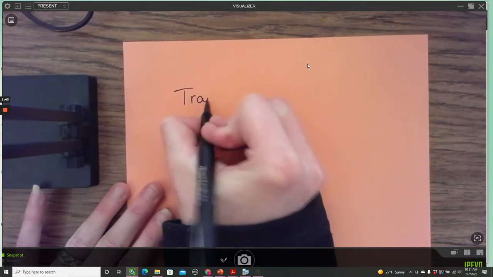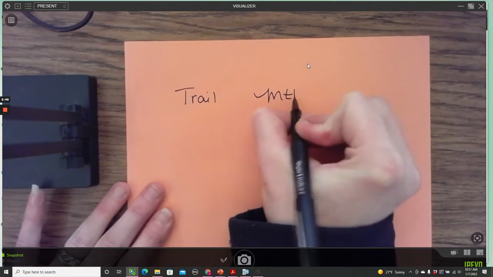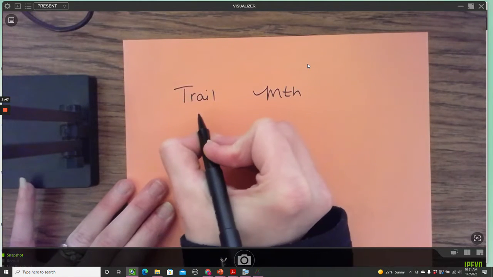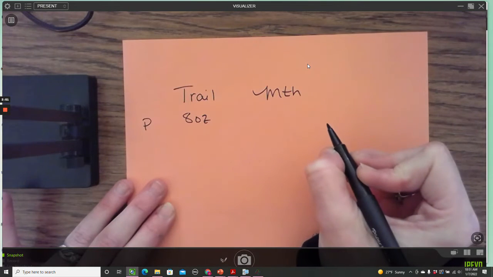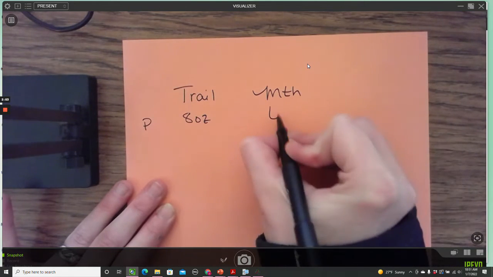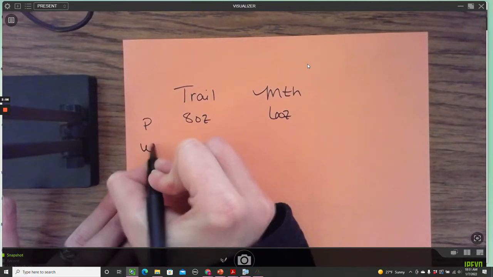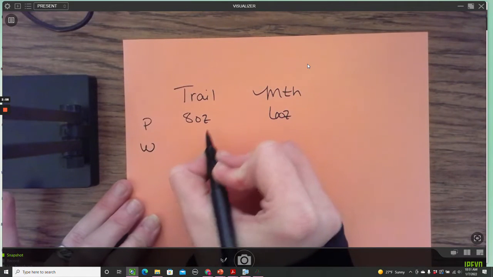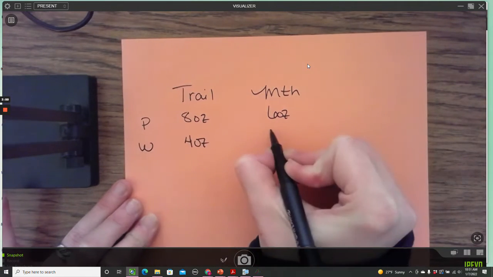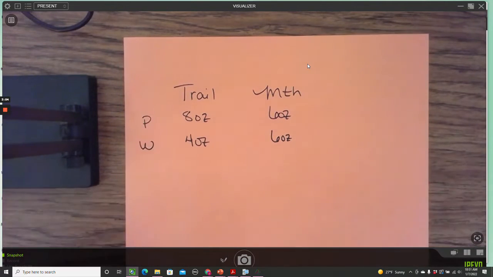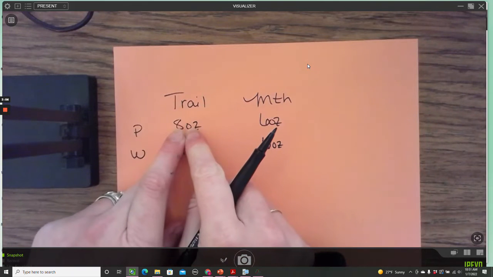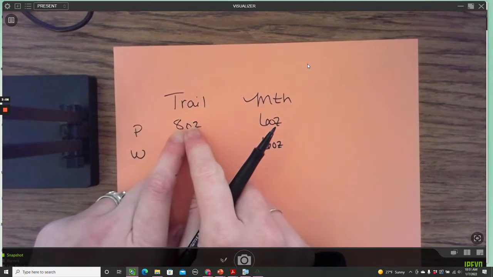Again, just kind of what I did. The Trail Treats needs 8 ounces of pecans, Mountain Munchies needs 6 ounces. Of the white chocolate chips, the Trail Treats needs 4 ounces, the Mountain Munchies needs 6 ounces. For each package I make, each package means multiply.